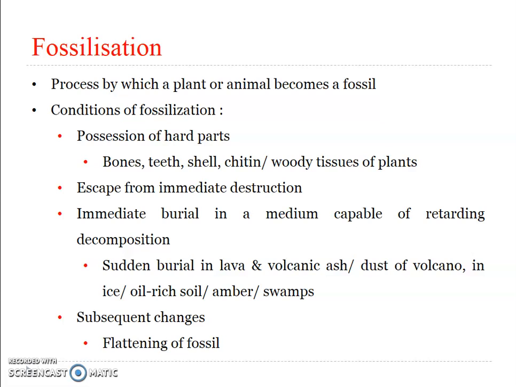Another is the subsequent changes or vicissitudes. After burial, the fossil may be very much altered. The commonest type of alteration is flattening of the fossil due to the pressure, as more and more layers of sediments get piled on top of the bed containing the fossil.